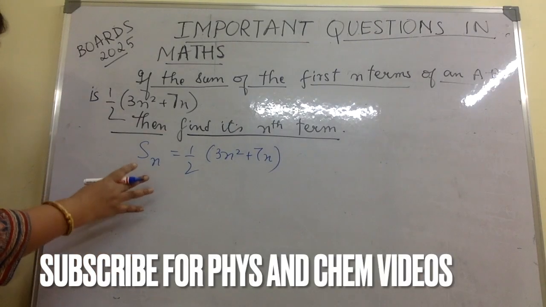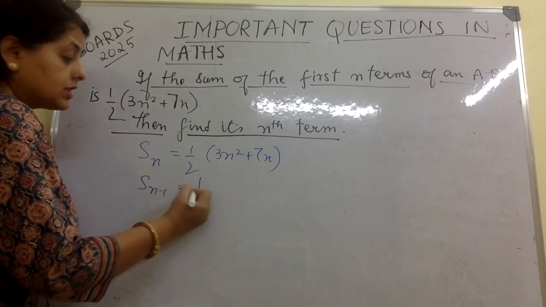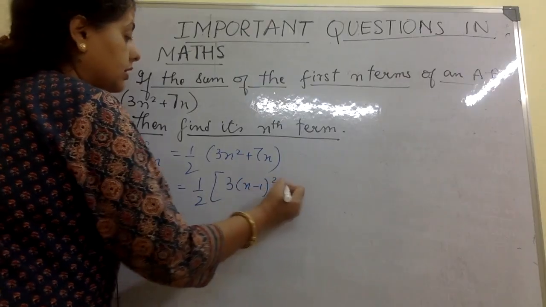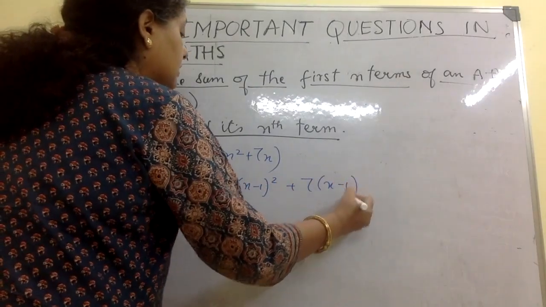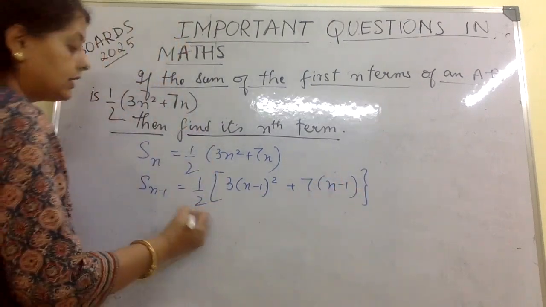If this is the sum of n terms, then the sum of n minus 1 terms is how much? Wherever I have n, I will put n minus 1 and I'll calculate.